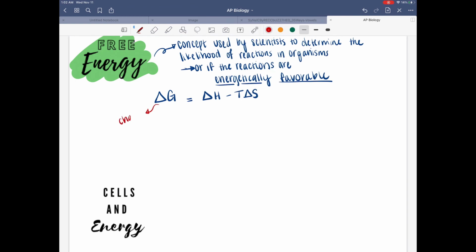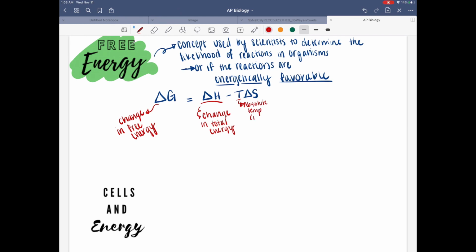For the formula for this, we're going to look at the change in free energy. It's going to equal the change in total energy minus the absolute temperature times the change in entropy.